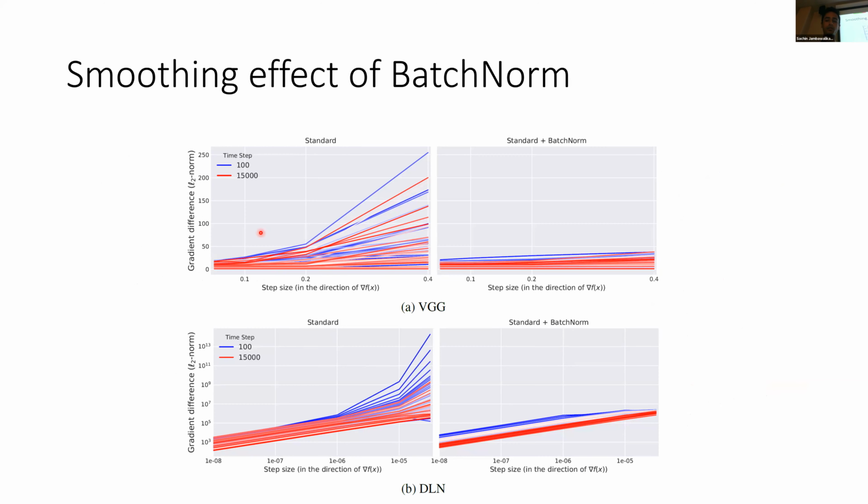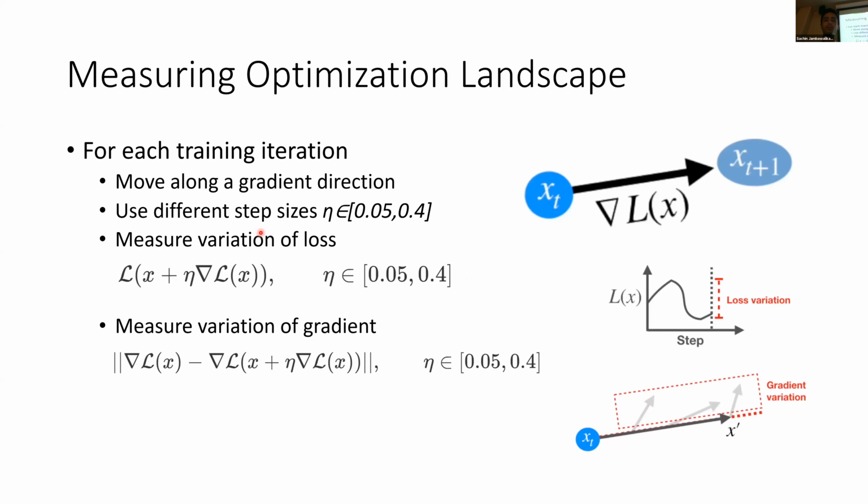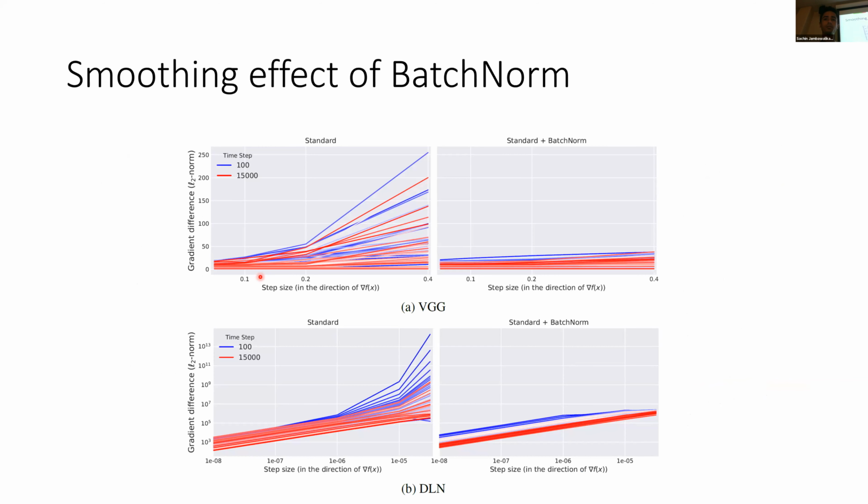So in this, we look at the variation of loss in the standard network. In the first column, you take two different iterations, one trained for 100 steps and another for 15,000 steps.